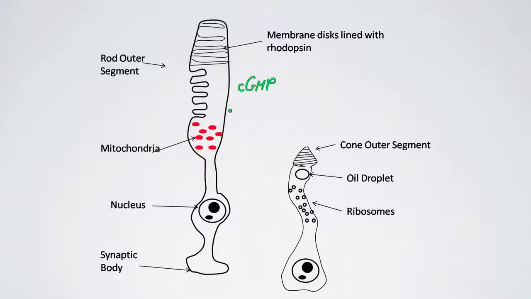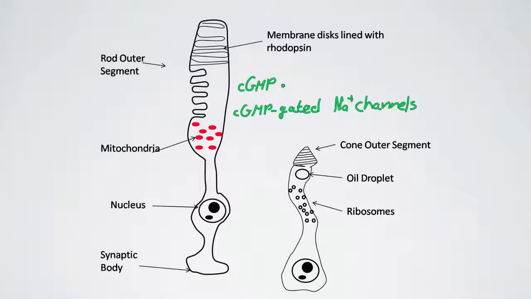And what that does is it opens up, and this is going to sound a little different than what we've looked at in the past, but cyclic GMP gated sodium channels. All right, so this is not a voltage gated sodium channel.